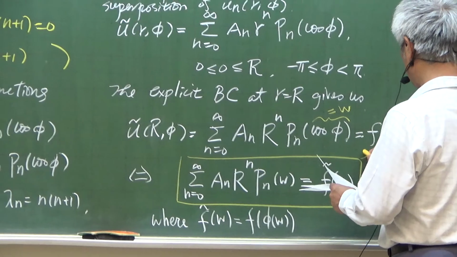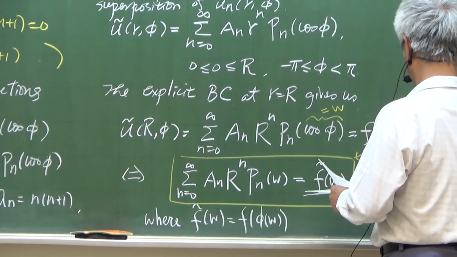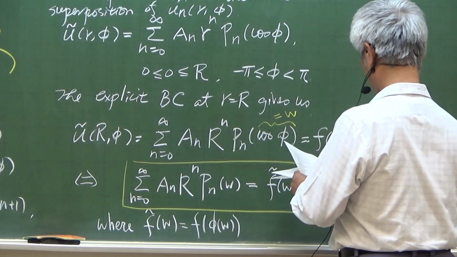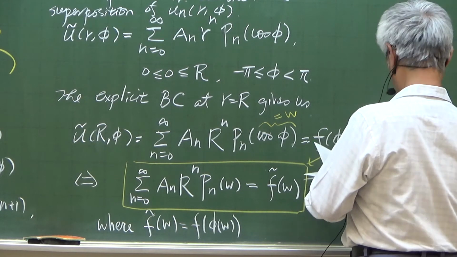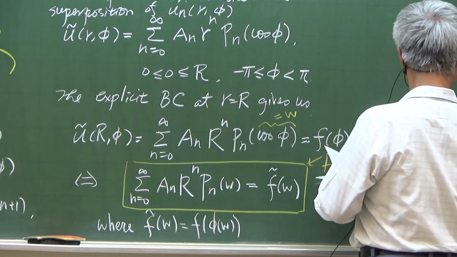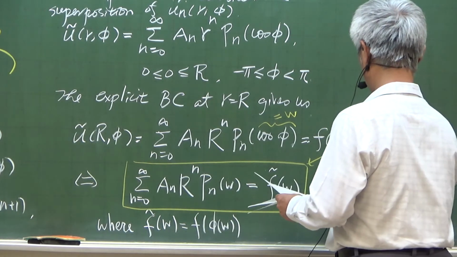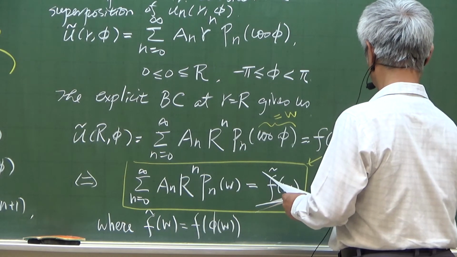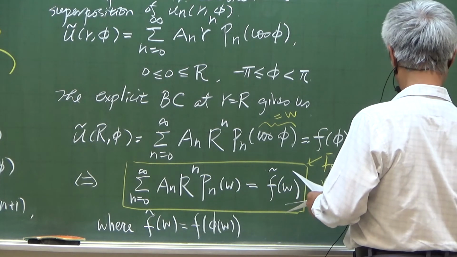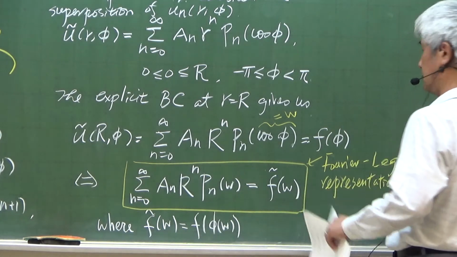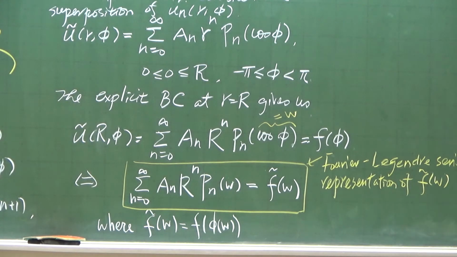And look at this one. Well, this is just the Fourier-Legendre series representation of F tilde. Okay, we encountered it in chapter 11, section 5.